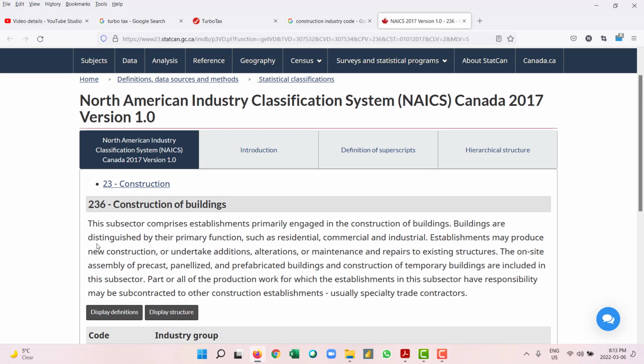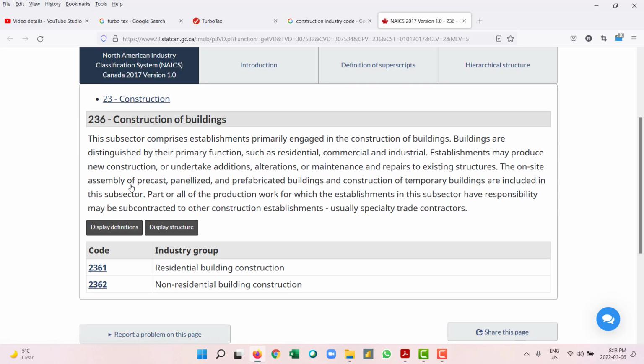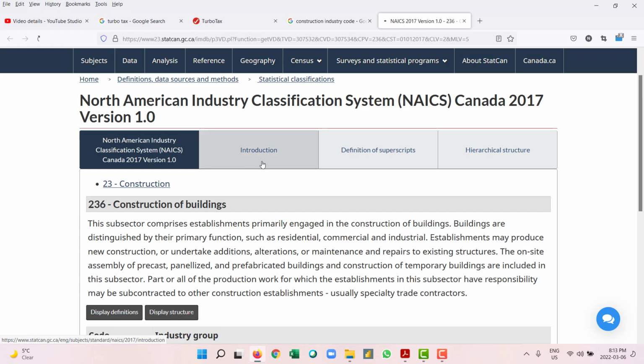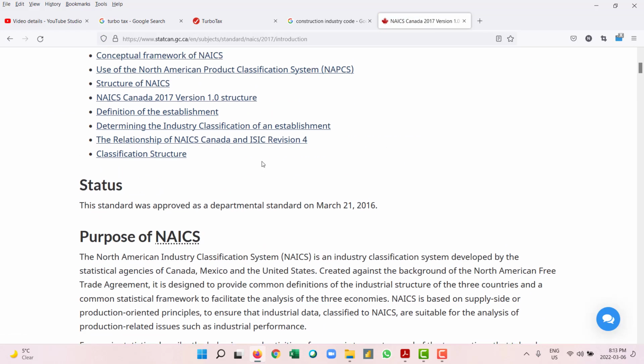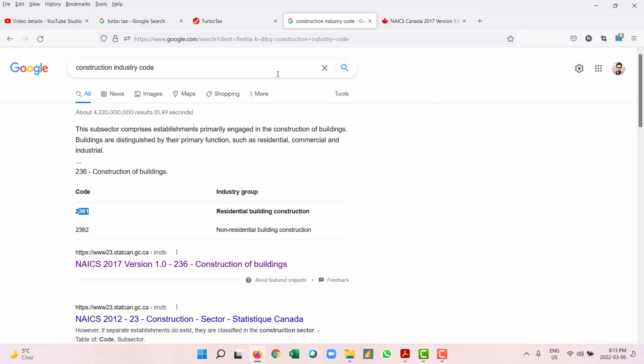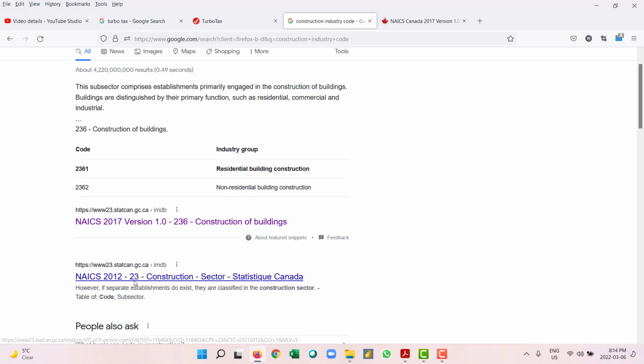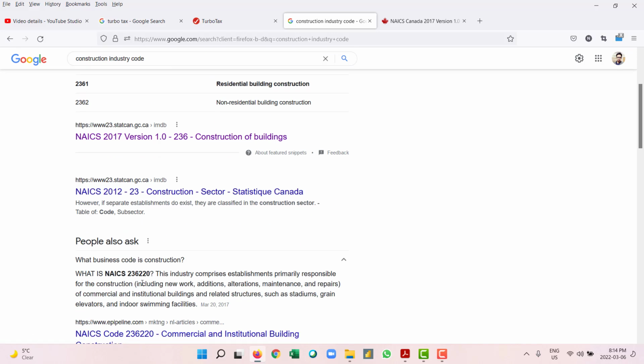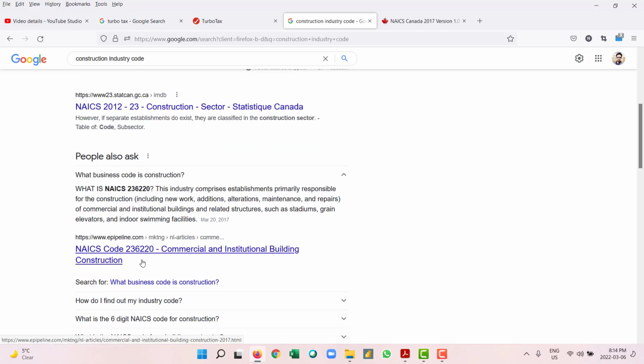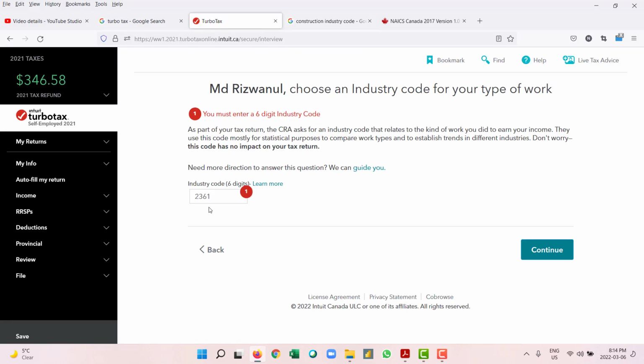We're showing only 4 digits. It is 236220. Some of my projects were actually for non-residential, so no problem at all.